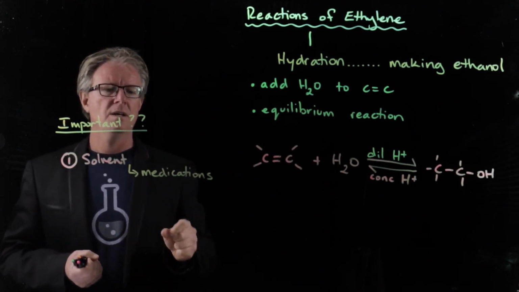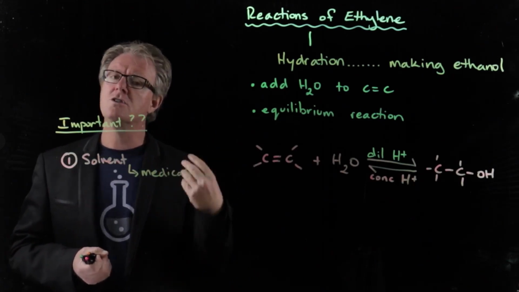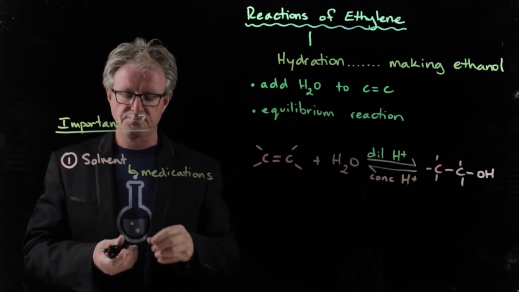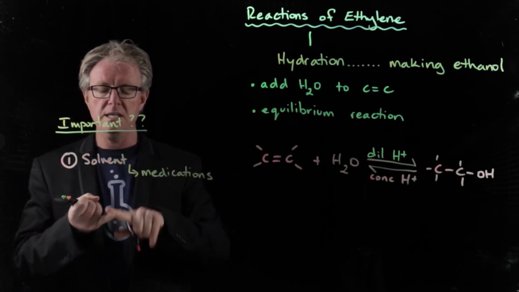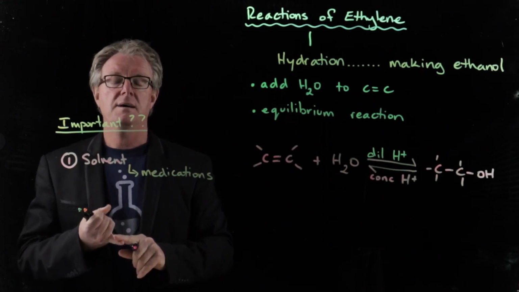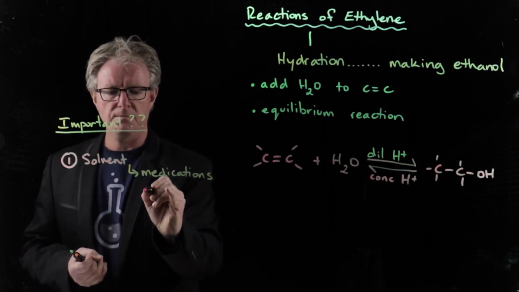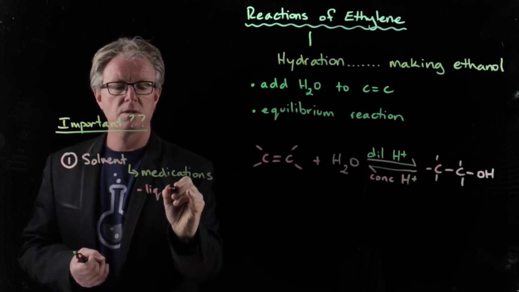You're going to be fighting them. So we can use ethanol as a solvent to dissolve a lot of the compounds in medicine, and that enables liquid form and therefore ease of taking medication for children and also for the elderly. So we could write here: medications are in liquid form.